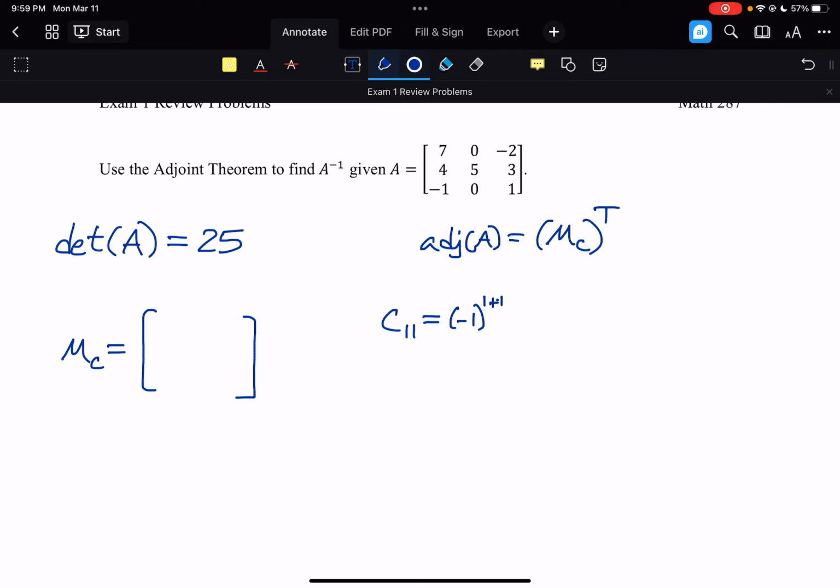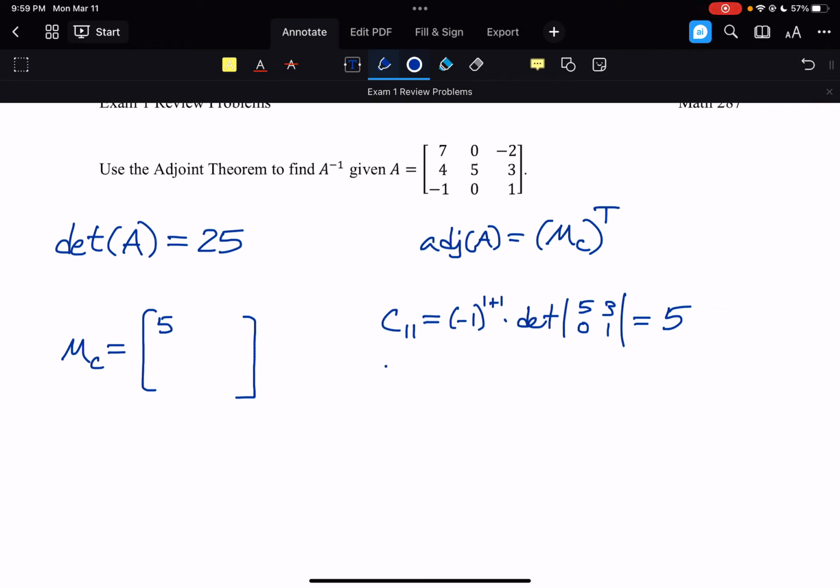In this case, it's going to keep its sign because this is -1 squared, but that's going to be times the determinant of the remaining 2 by 2 submatrix when you block off the row and column of this term. So that's 5, 3, 0, 1. So we get, this is a +1 times, this is 5 minus 0. So that's just 5. So the cofactor of the 1, 1 position is 5. So that's what goes into the matrix of cofactors.